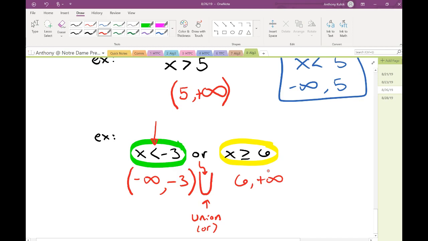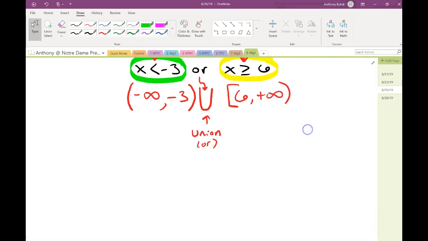And for the positive infinity, bracket or parenthesis? Parenthesis, that was the easy part. And for the 6, bracket or parenthesis? Bracket. Why is it a bracket here on the 6? Because it's an "or equal to," right? Because if x equals 6, that inequality is still valid. Do we feel okay on using these interval notations?